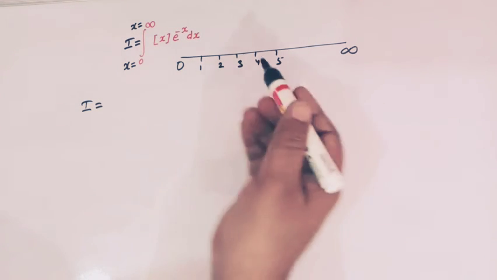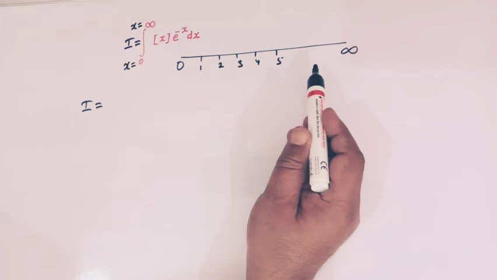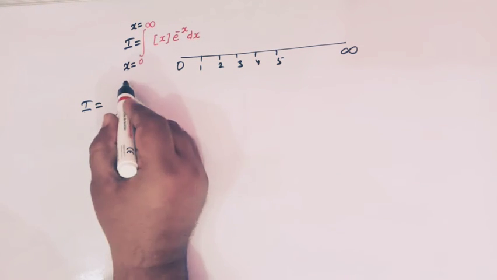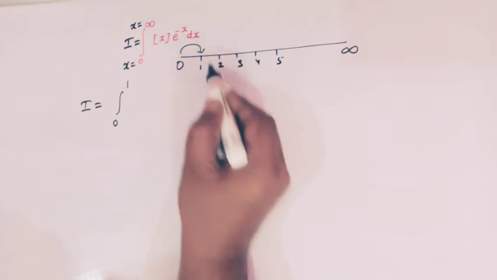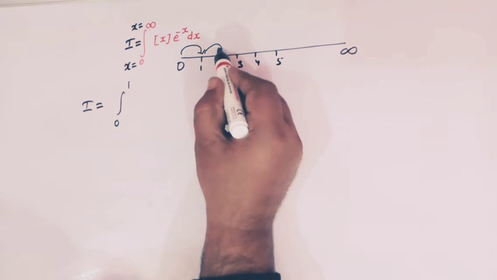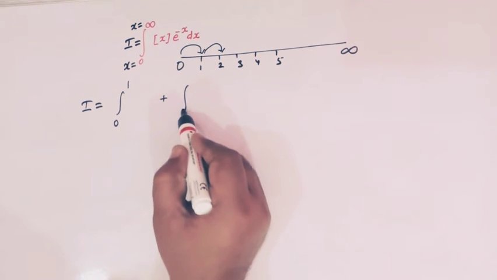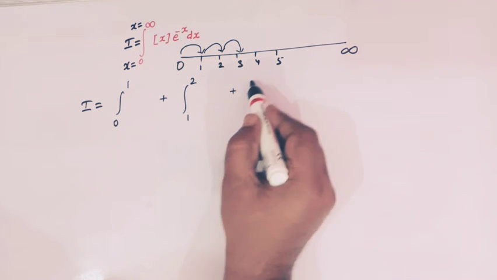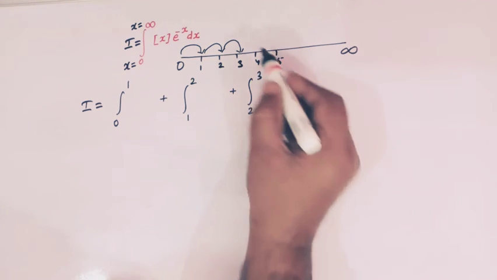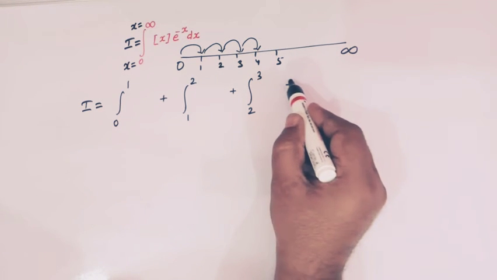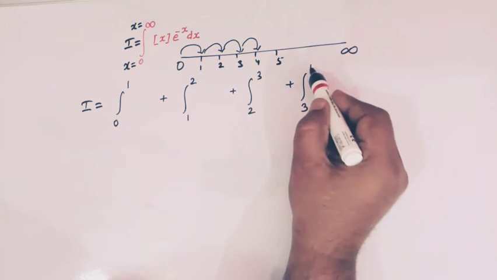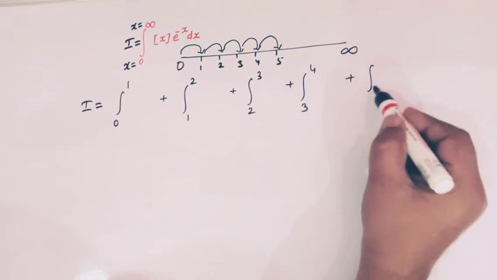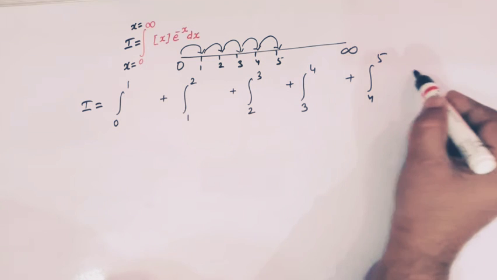into several integrals. That is, the first integral is from 0 to 1, then from 1 to 2, then from 2 to 3, then from 3 to 4, and similarly from 4 to 5, and so on.